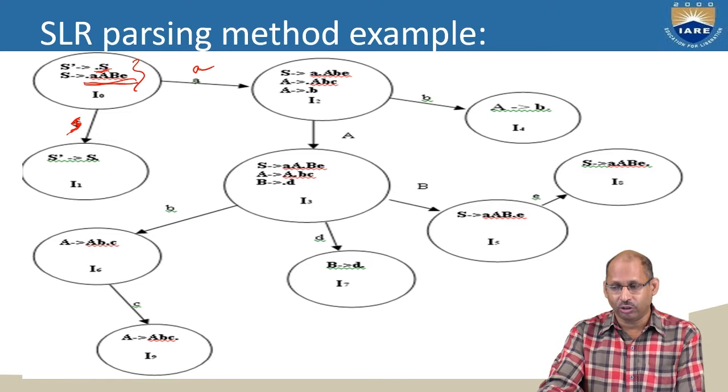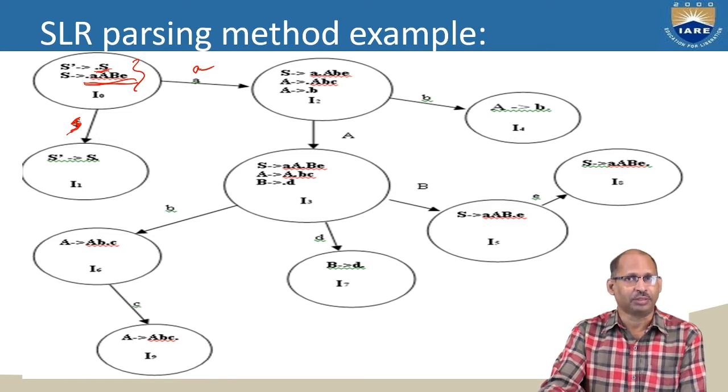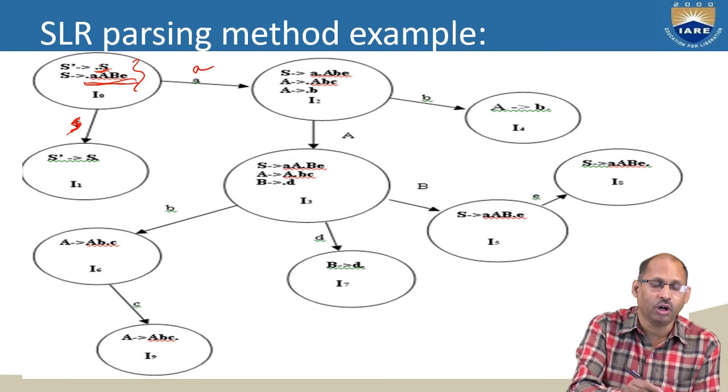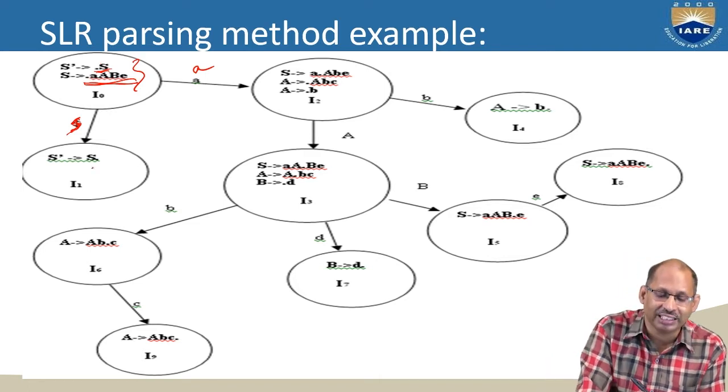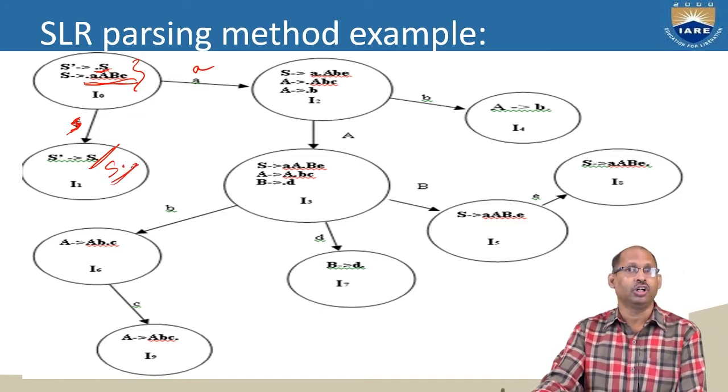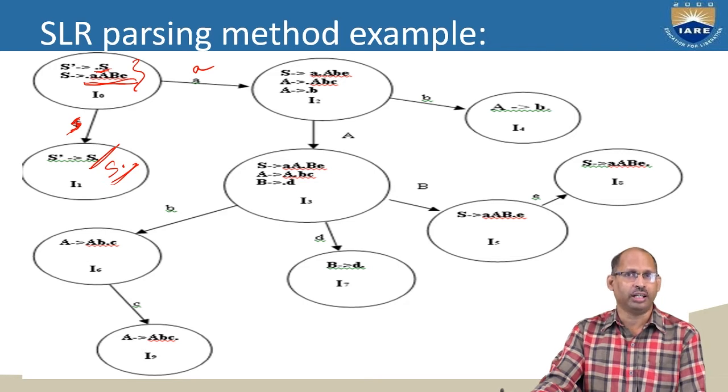There will be goto operations on capital S and on small a. When you consider the dot followed by capital S, on goto with S it will move as S dot. Dot S on goto S will become S dot, with the dot at the end, simply over.